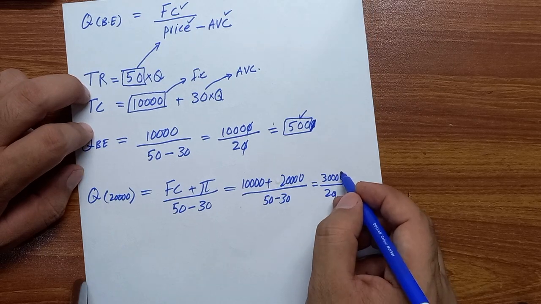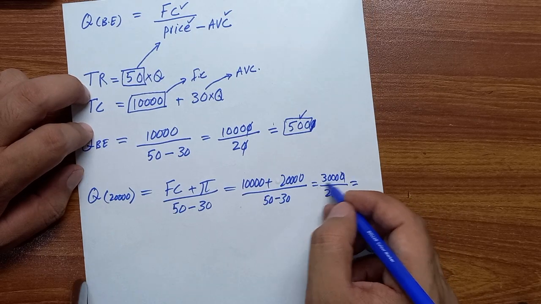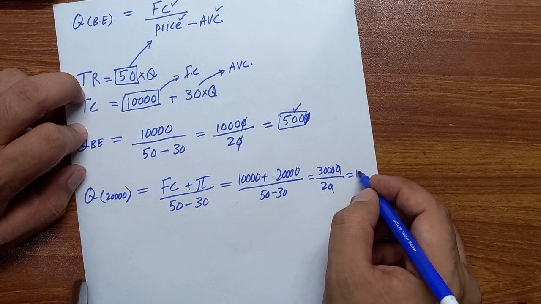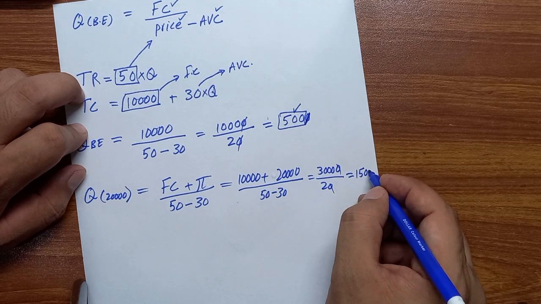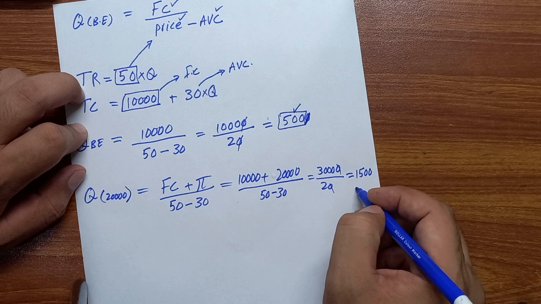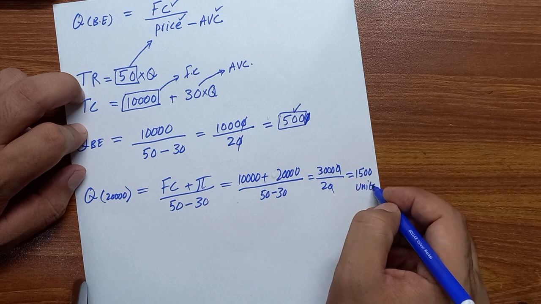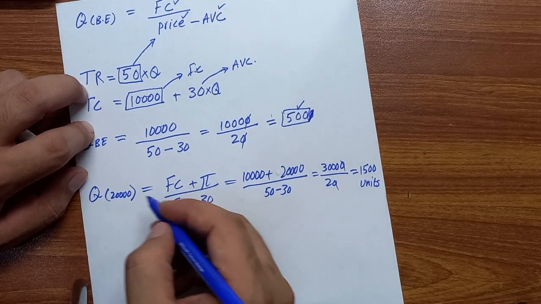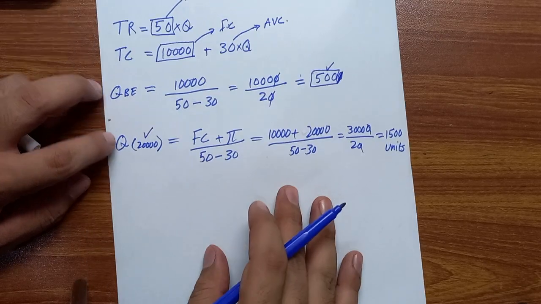Cancelling, we have 3,000 divided by 2, which gives 1,500 units. If we sell 1,500 units we will get 20,000 profit.